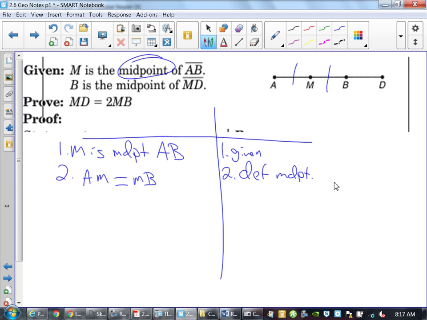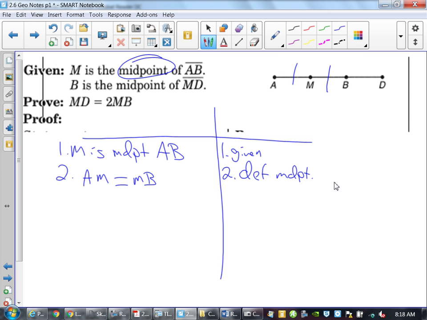But you have in front of you this sheet of paper that basically tells you everything to do after some sort of a given statement. There shouldn't be any ambiguity of not knowing where to start. So we've done our definition of midpoint. Is there anything else I can say about that first given? No. I go to the second given.